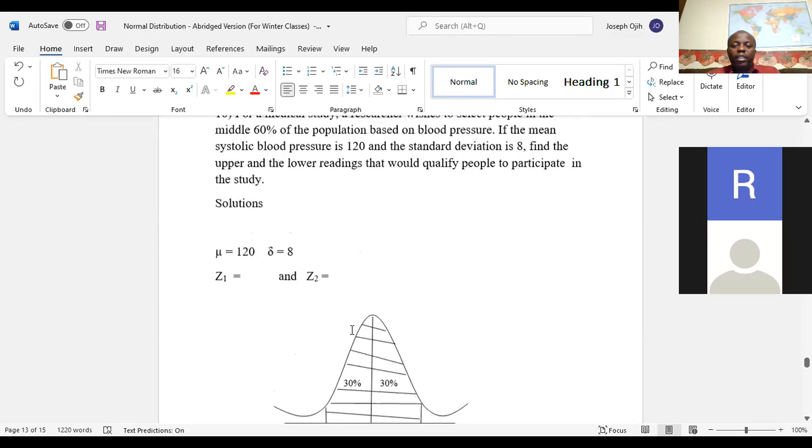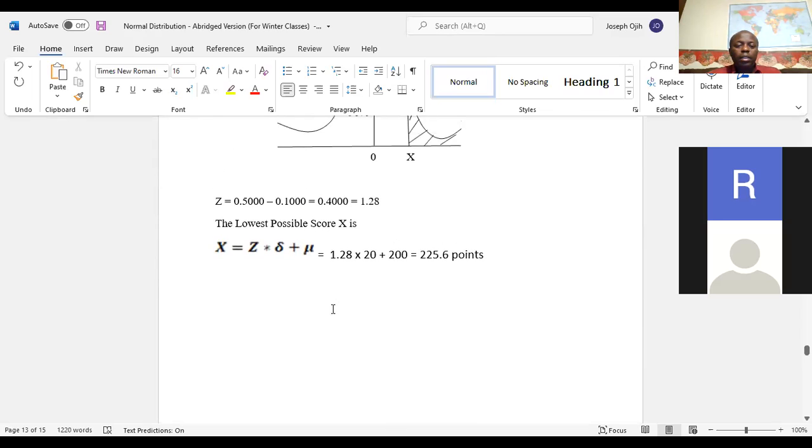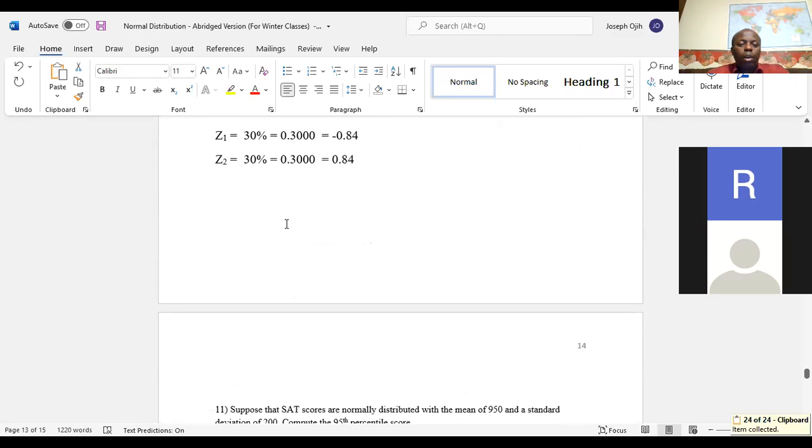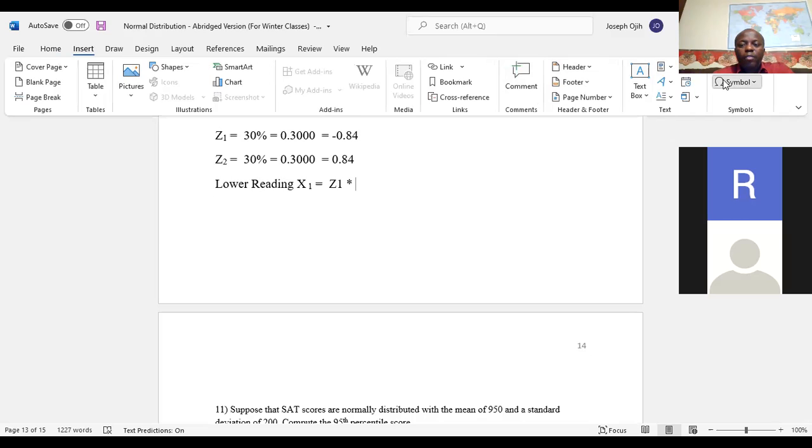Now we can find the required upper and lower readings. So the upper reading or lower reading x1 equals, excuse me, mistake, z1 times, sorry, times standard deviation, not mean.